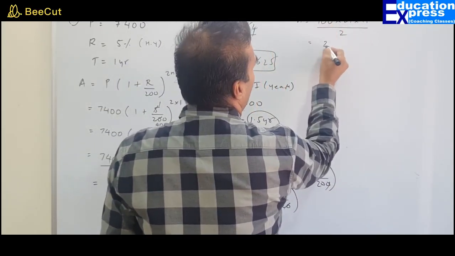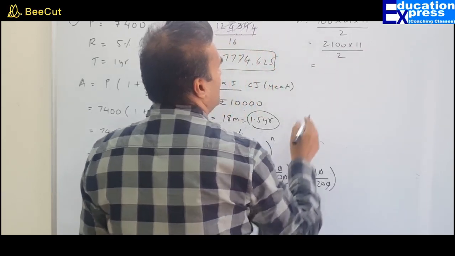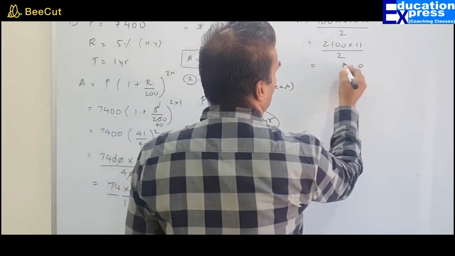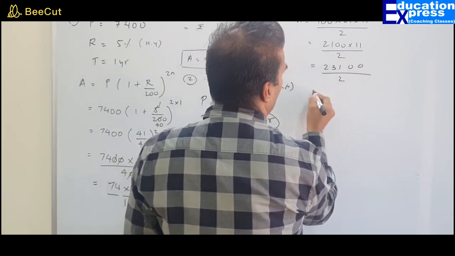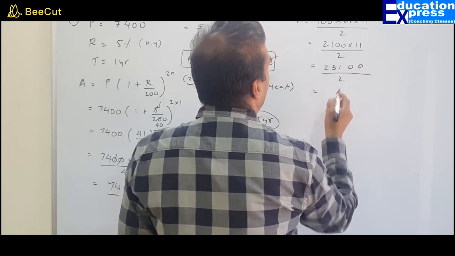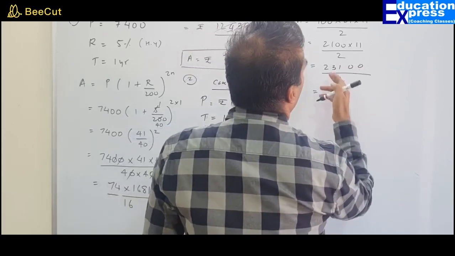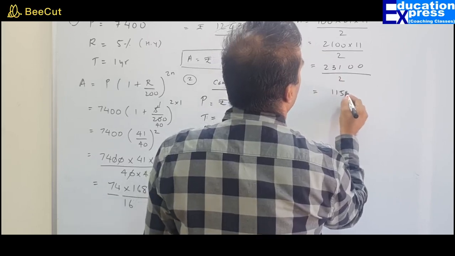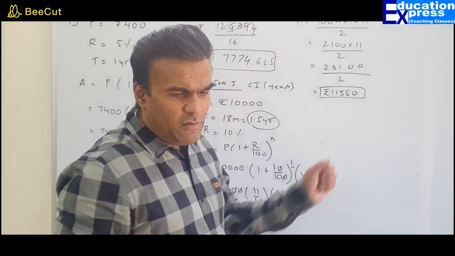So 2100 into 11 upon 2. How much do you get, guys? 21 into 11, then 2 and 1, add them, 3 upon 2. So it's going to be 11,550, I guess.